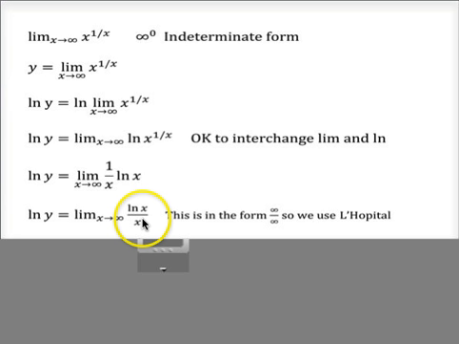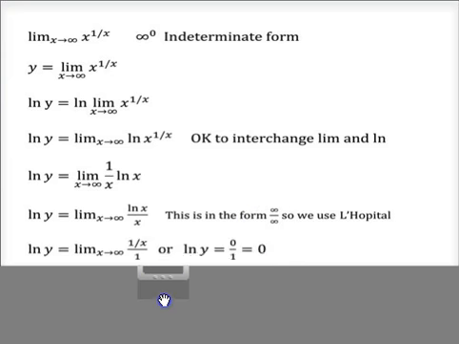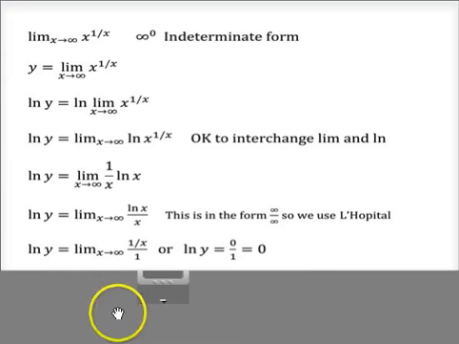If I plug infinity into this, the natural log of infinity is infinity, and then if I plug infinity into x, that's infinity. So now I get this L'Hopital's indeterminate form. So now I can do the derivative process. If I take the derivative of this function, I'm going to get 1 over x.